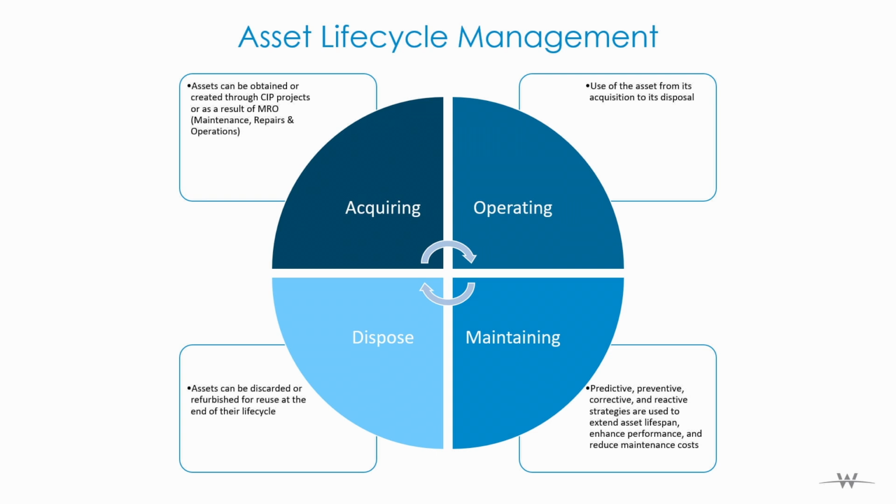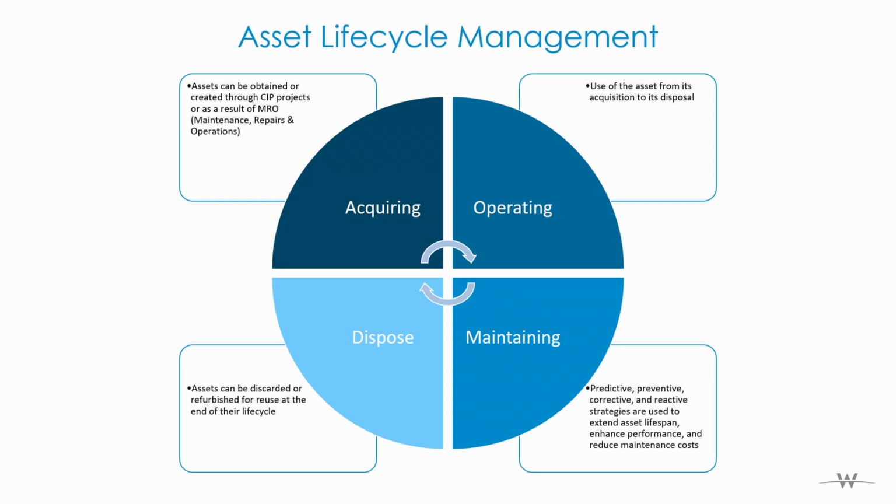Asset lifecycle management. Most of you in here doing GIS-related assets, you understand the asset lifecycle plan, or asset lifecycle. So these assets can be obtained, right, for acquiring through CIP projects or through our MRO, our maintenance, repair, and operations processes.